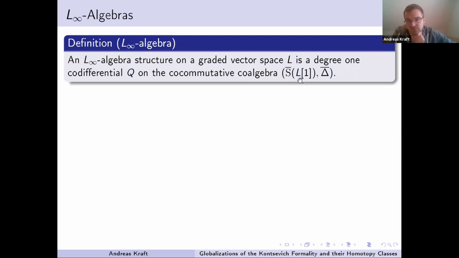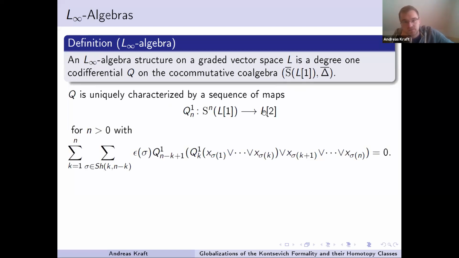This is just the reduced symmetric tensor product, so without the field, only symmetric degrees greater than 0, and this is the shuffle coproduct on it. And since the symmetric coalgebra is cogenerated by L, this codifferential is determined by its projection on L, so by such a sequence of maps, which are called the structure maps of Q. And since Q is of degree 1, it maps here into L shifted by 2.